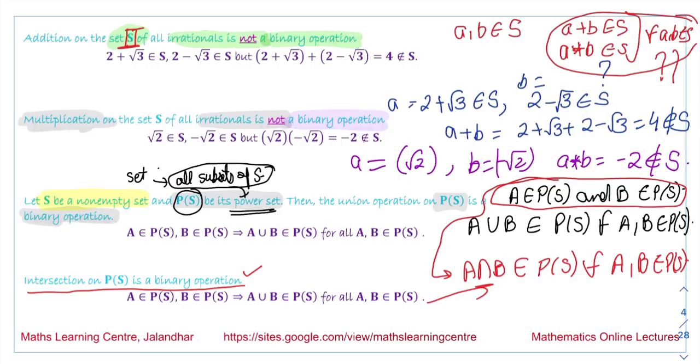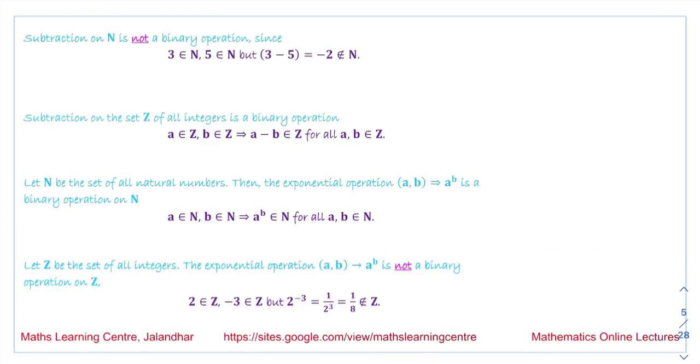Now the next example: subtraction on the set of natural numbers is not a binary operation. We have to prove that this operation is not closed. Not closed means we have to show two natural numbers whose subtraction is not a natural number.